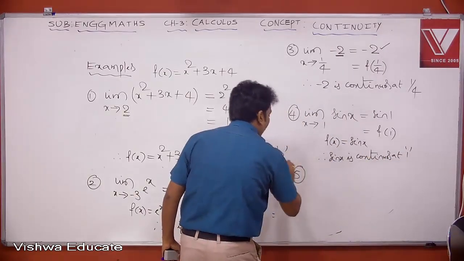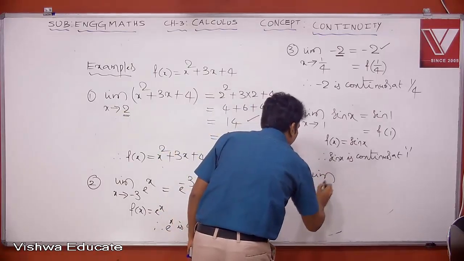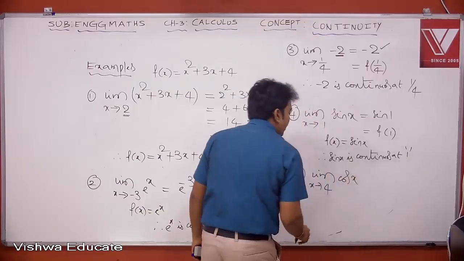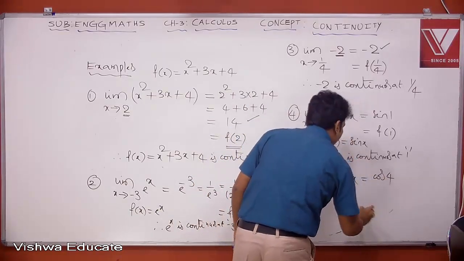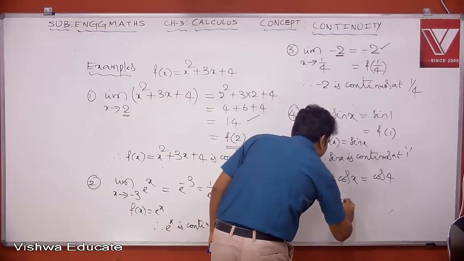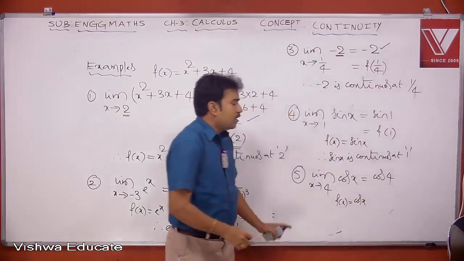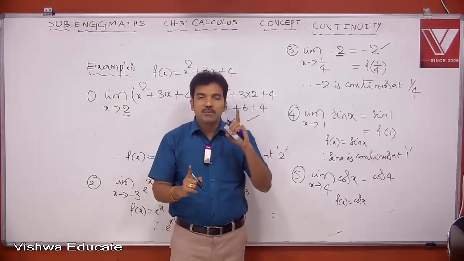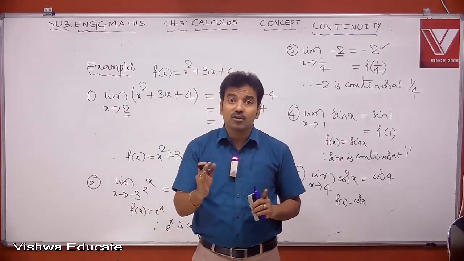Now let us discuss the last example, a trigonometric function which is cos. Suppose the limit as x tends to 4 of cos x. Here also you can replace x by 4 directly, cos 4. Now here what is f of x? This is cos x. Cos 4 is a finite number because the maximum value of cos x is plus 1 and its minimum is minus 1, and the rest of the values oscillate between minus 1 and plus 1.